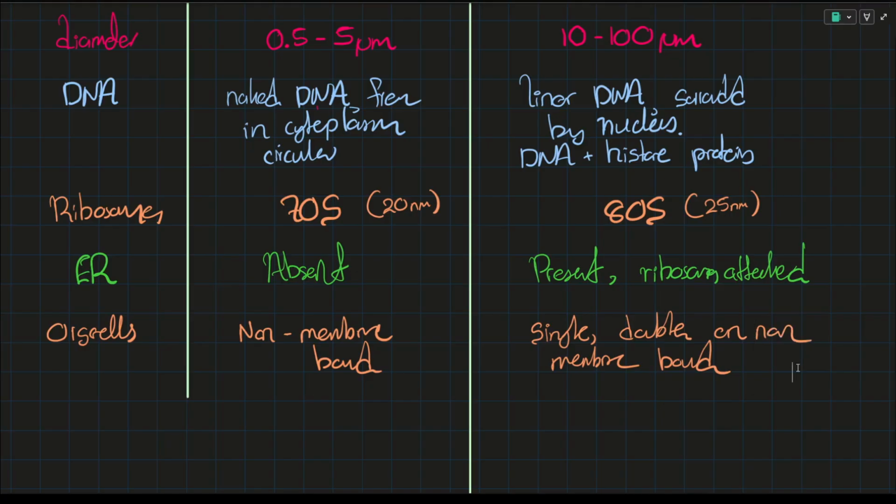Okay, that's too confusing. All I'm trying to say is when it comes to prokaryotes, they only have non-membrane bound cellular organelles. They cannot have organelles that are membrane bound. But when it comes to eukaryotes, they have single membrane bound ones, double membrane bound ones, or no membrane bound ones. I should probably highlight it. They can have single membrane bound organelles, they can have double membrane bound organelles, or they can have no membrane bound organelles. Not a problem at all.